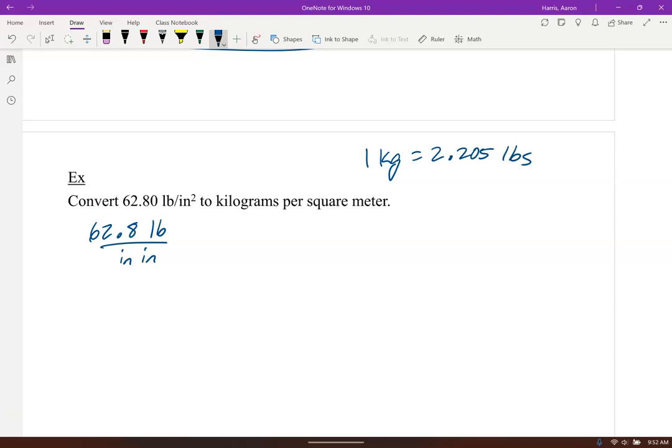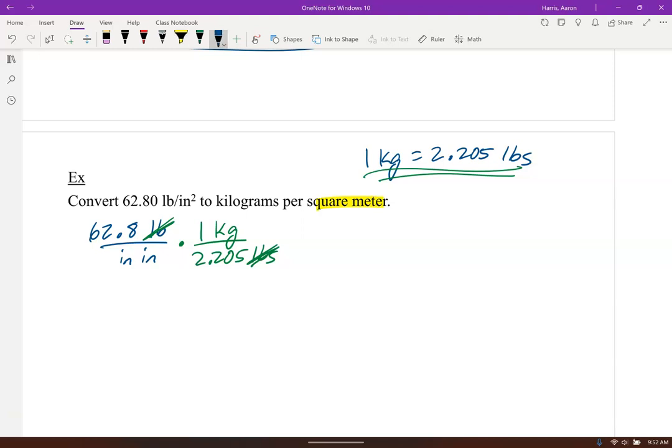All right, let's go from pounds to kilograms. Let's do that first. So I'm going to multiply by, for every 1 kilogram, I need the pounds on the bottom, 2.205 pounds. Pounds are gone. Now I'm in kilograms per square inch. I don't want per square inch, I want per square meter.